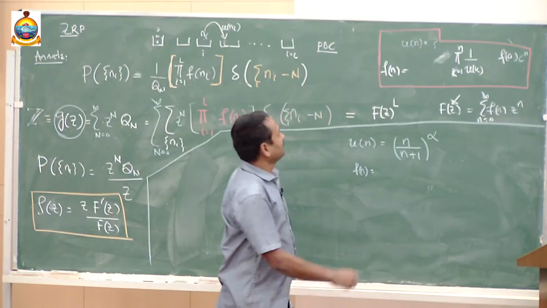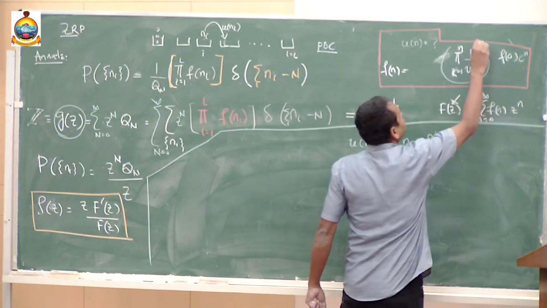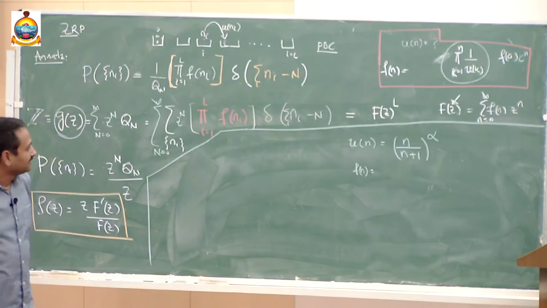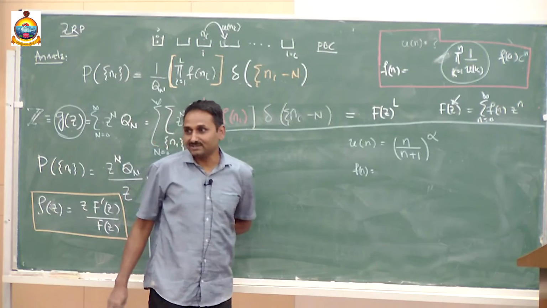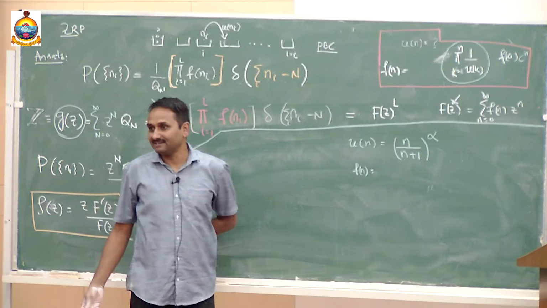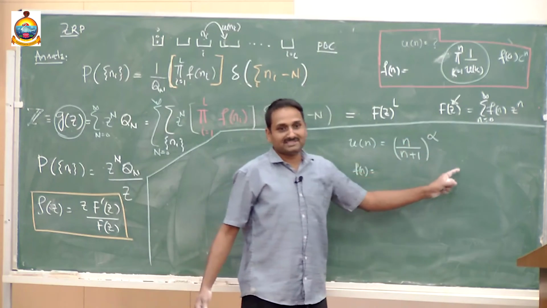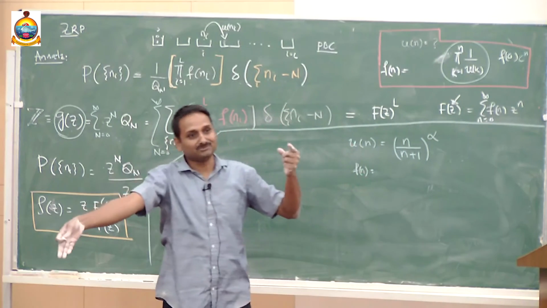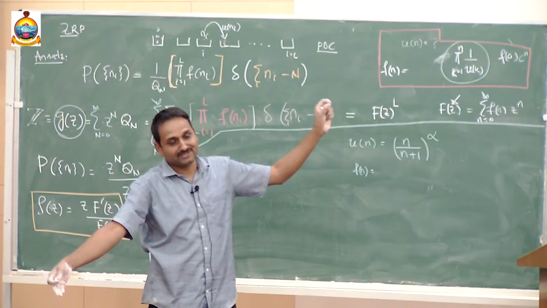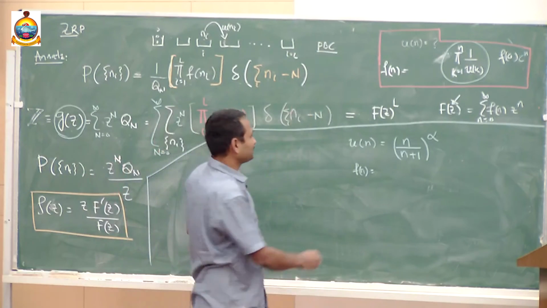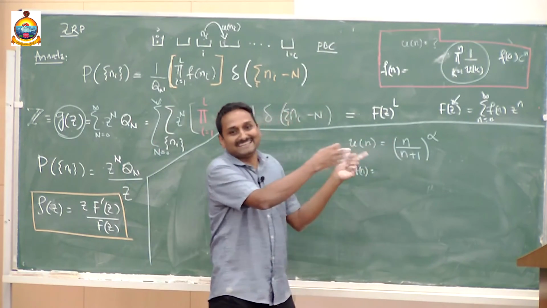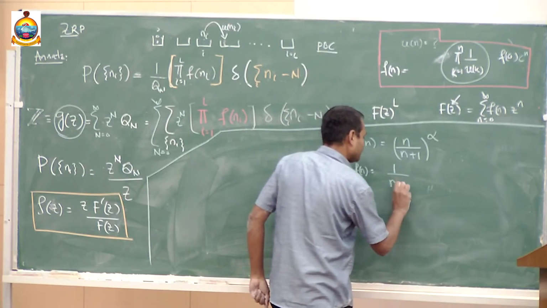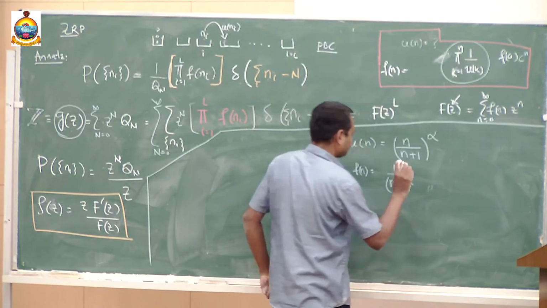So what is this term? 1 by (n plus 1) to the power alpha, right? Because this is 1 by 2 times 2 by 3 times 3 by 4, and the first one and the last one remain, everything else cancels. So that's the way I chose this function. It has this property and it is simple. So f_n is 1 by (n plus 1) to the power alpha.